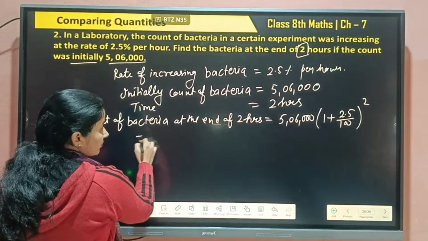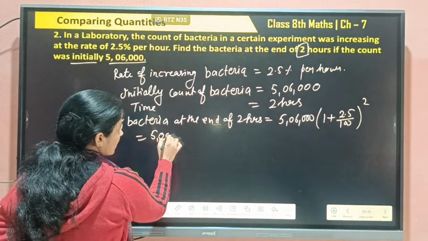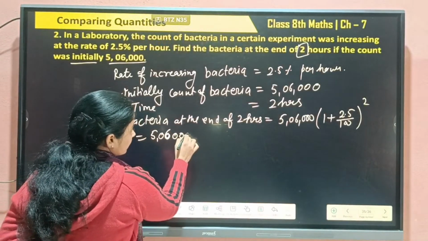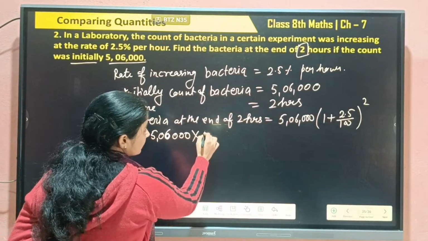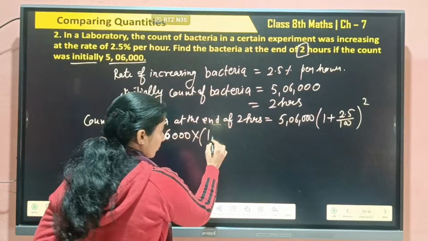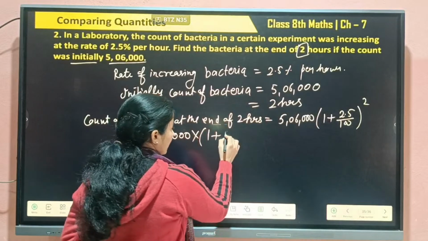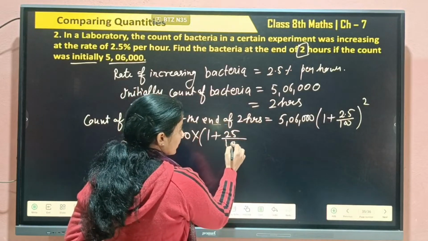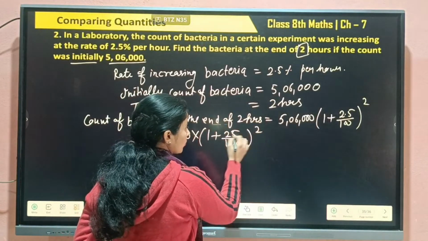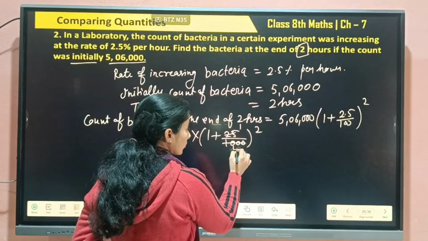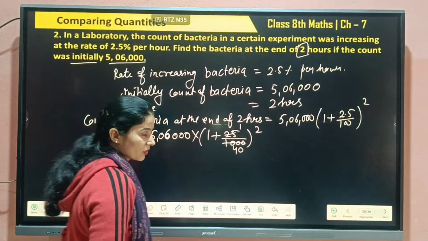This is 5 lakh 6,000 into 1 plus. If you remove this decimal, then you can write 25 by 1000, its power 2. 25 with the 25, 25 fours are 100, this 0 as it is.